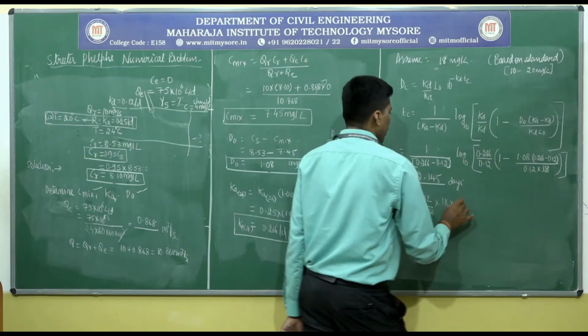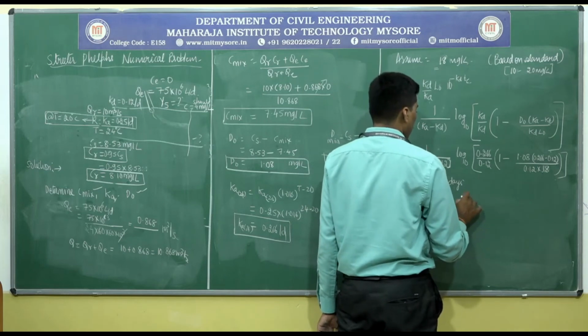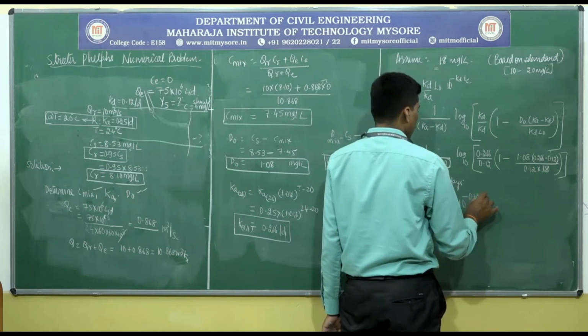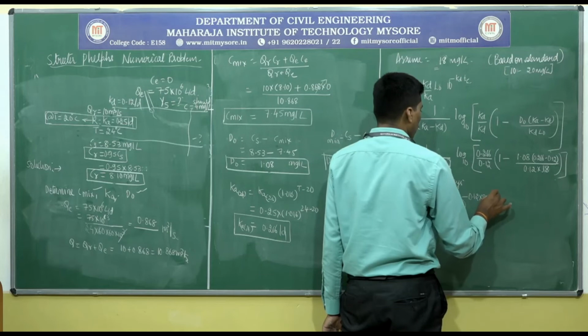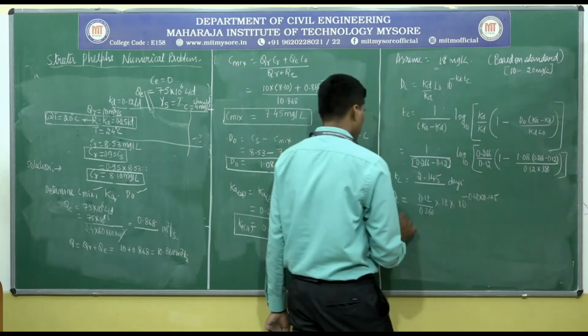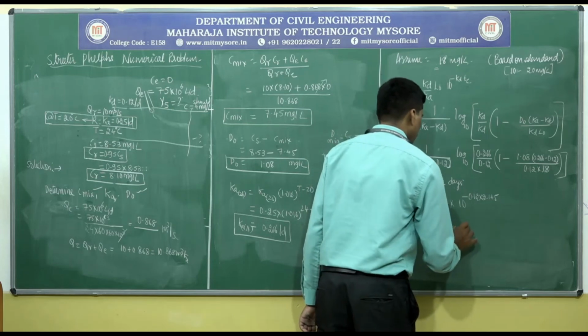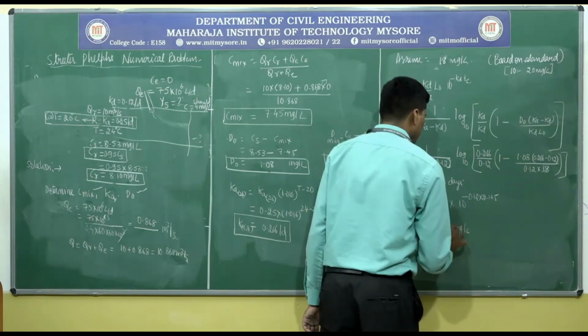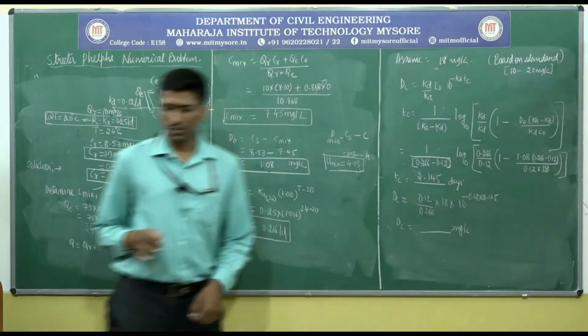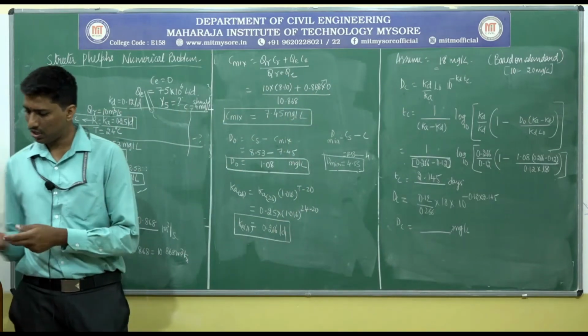Next, DC is equal to Kd is 0.12 divided by Ka is 0.266 into L naught is equal to 18 into 10 raised to minus Kd is equal to 0.12 into Tc is equal to 2.145. Let us get to know what is the value of the DC, expressed in terms of mg per liter. Let us compute it.